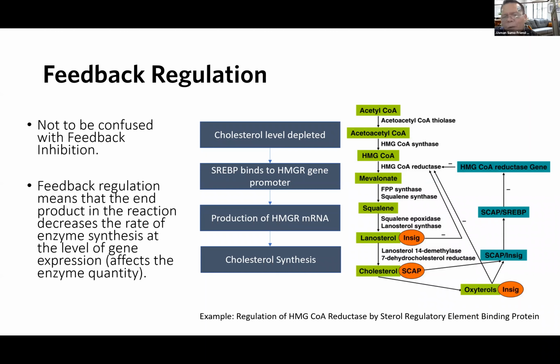Let's see this figure. A synthesis of cholesterol from acetyl-CoA. By going through several steps, acetyl-CoA will produce cholesterol. From this pathway, we can determine there are three main molecules that we should remember. The first are lanosterol, cholesterol, and oxysterol.